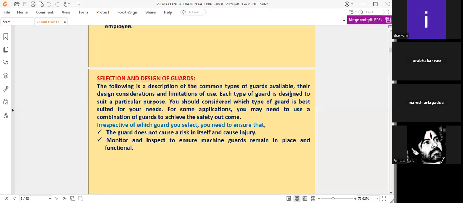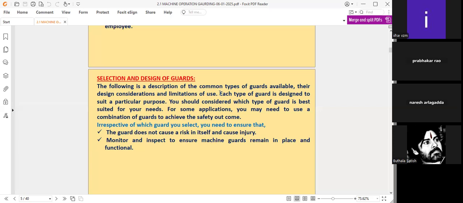Therefore, each type of guard is designed to suit a particular purpose. See, for example, a guard is there. Both shafts are covered very nicely, no leakage is there, but suddenly from the top delivery point, one line is going there.